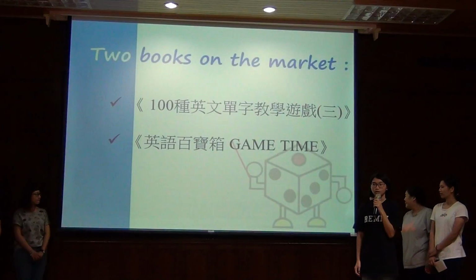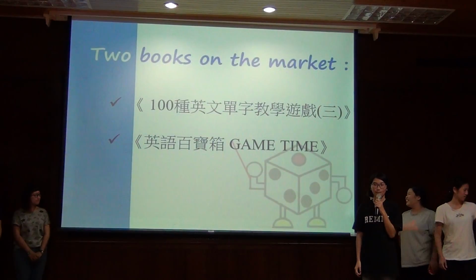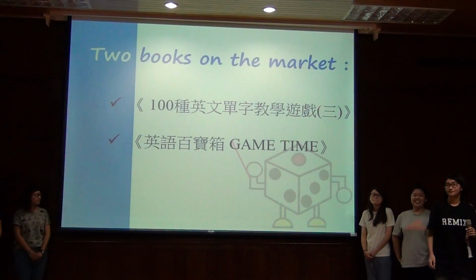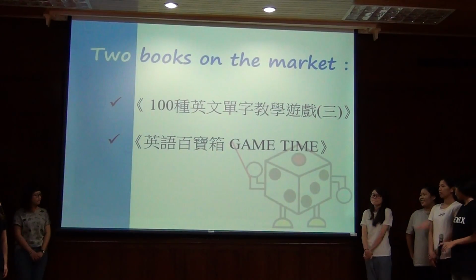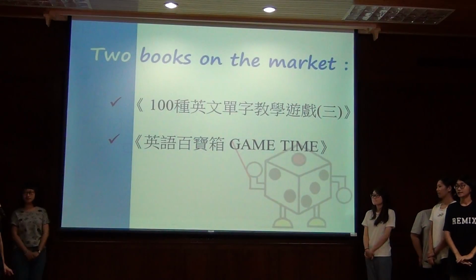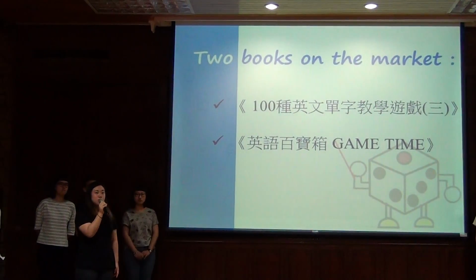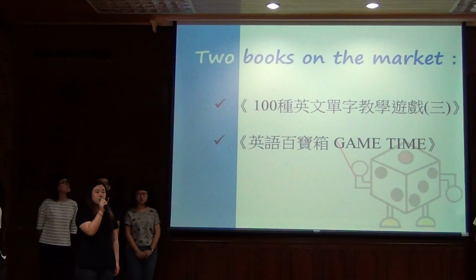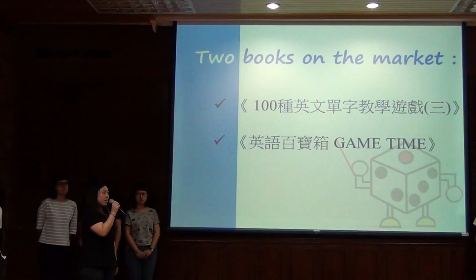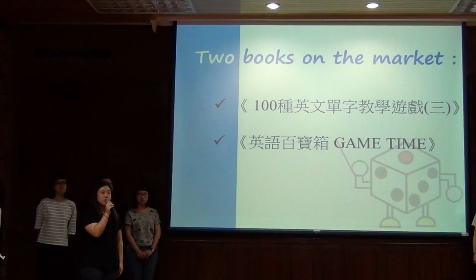Next, Cynthia will talk about differences between our product and books on the market. At the beginning, we did a survey and found several books. At the end of the survey, we found 2 textbooks that are used on the market and related to our topic. First one is 100 Vocabulary Games of English Teaching.